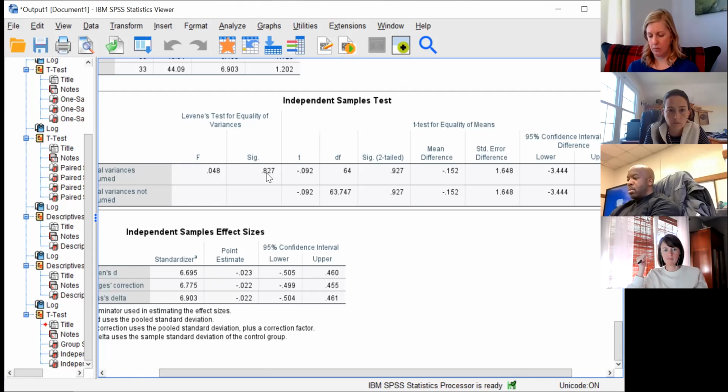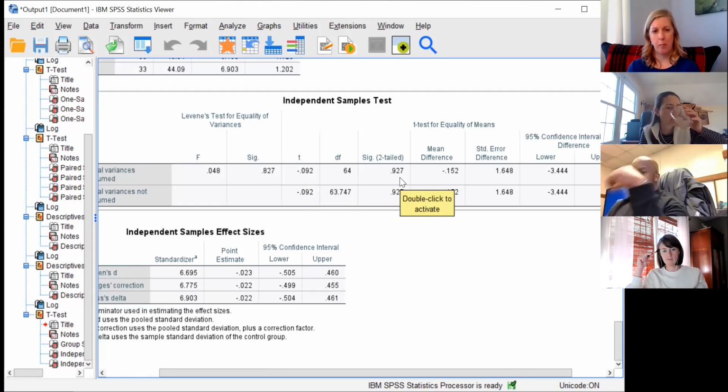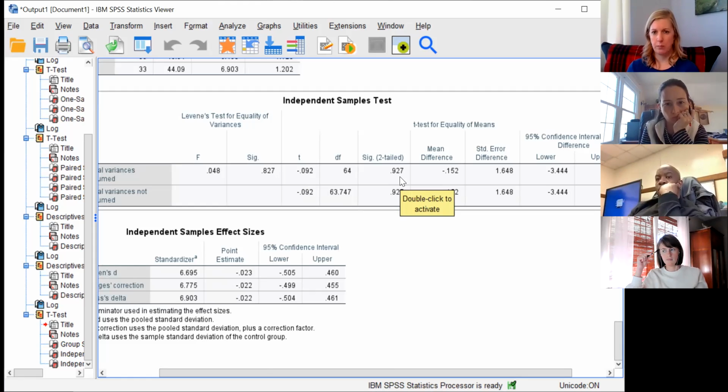They had relatively similar variances and dispersions. And then the t-value is minus 0.92, plus or minus really doesn't matter, it's the size of the t-value. Degrees of freedom, 64. Each of the groups would have been n-1, and a significance level of 0.927. So there's no significant difference between males and females.